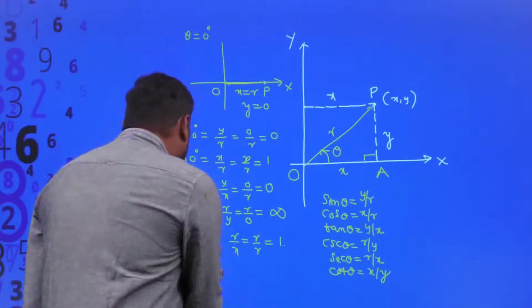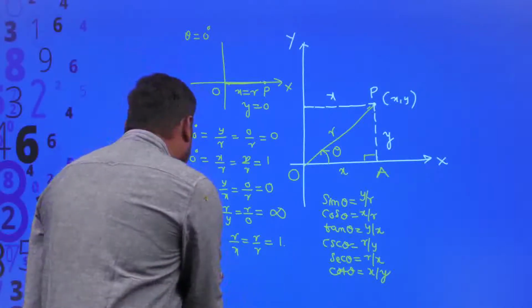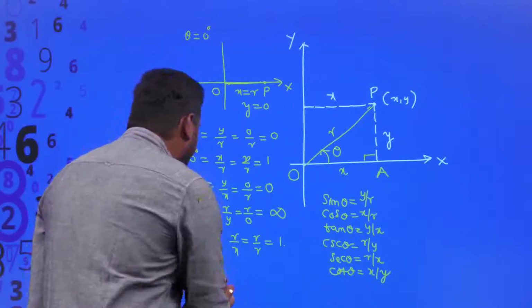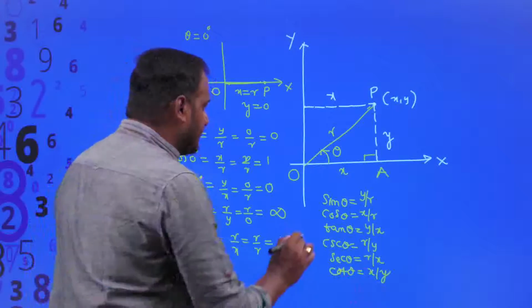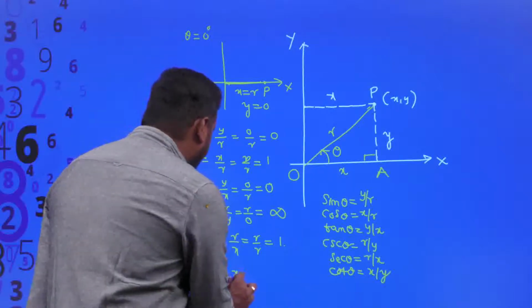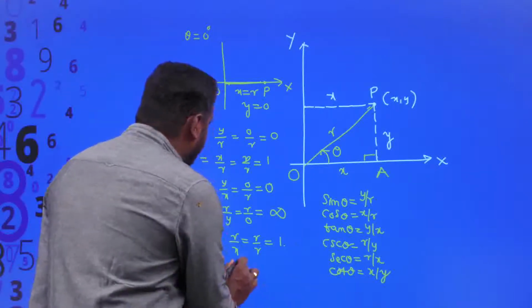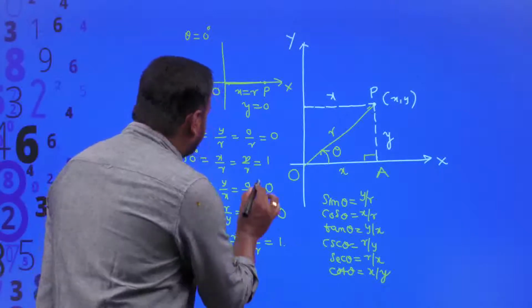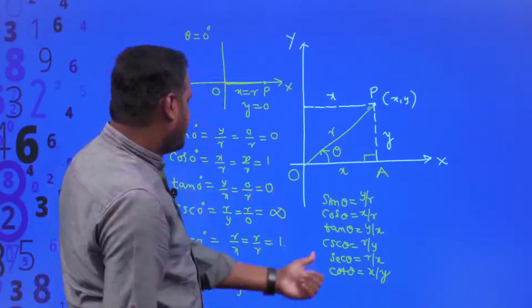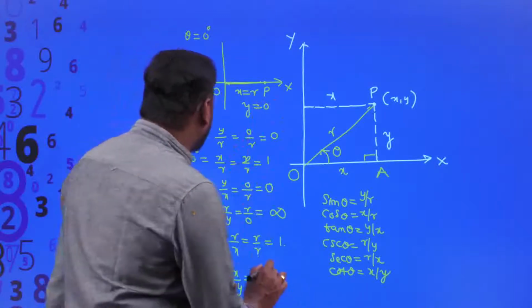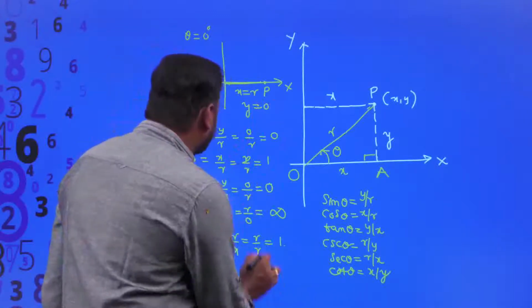And coming to the final trigonometric ratio, that is cot 0 degrees. What is the definition of cot theta? x divided by y. What is the value of x here? x is equal to R, divided by y, which is 0.